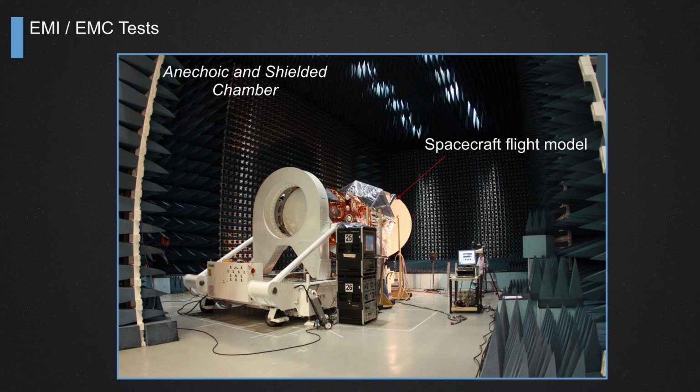Here we can perform electromagnetic interference and compatibility tests of the spacecraft, to see if I can find any noise inside the spacecraft that can interfere with the operation of other equipment. We don't want that. We want all the equipment to operate properly without interference. We can do the testing on the ground like this before sending it to space.